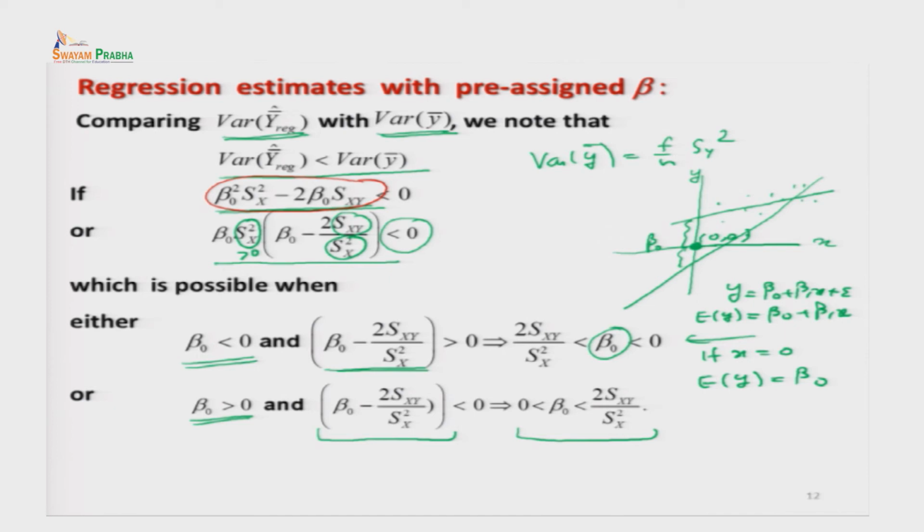What does this mean? Beta 0 is the average value of y when x is equal to 0. This means that in case you don't give any input, still there will be some output, and beta 0 is the average value of such an output.